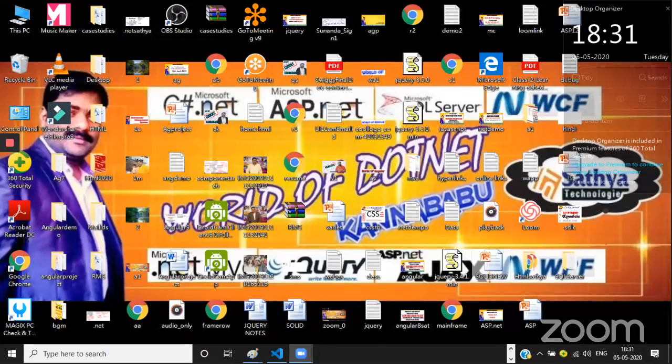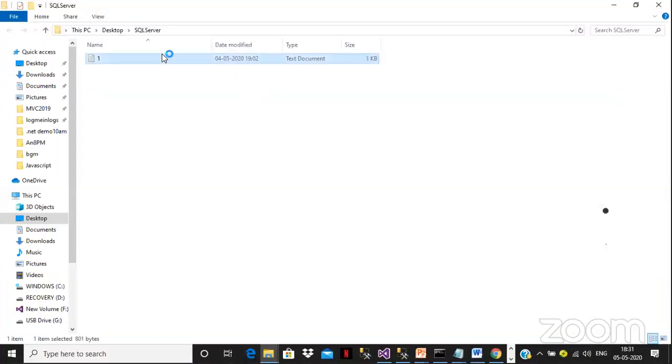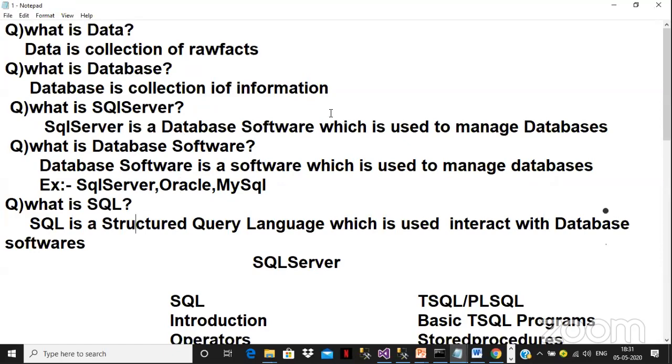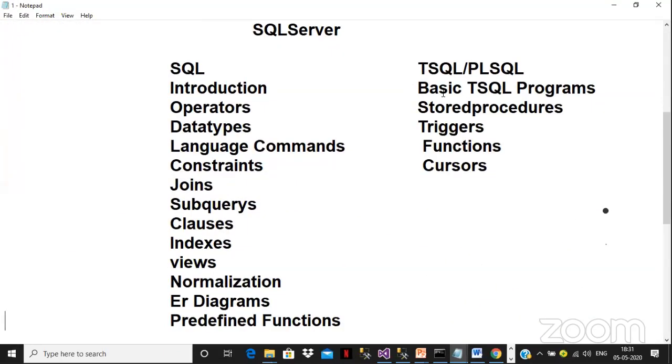Here, as I told you, I divided the SQL Server syllabus into two parts. One is basic SQL, the other one is T-SQL. In basic SQL, what I will cover is introduction to SQL Server, operators, data types, language commands like DML commands, DDL commands, DRL commands, TCL commands, DCL commands.